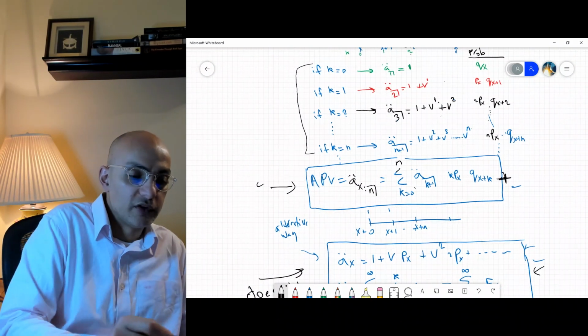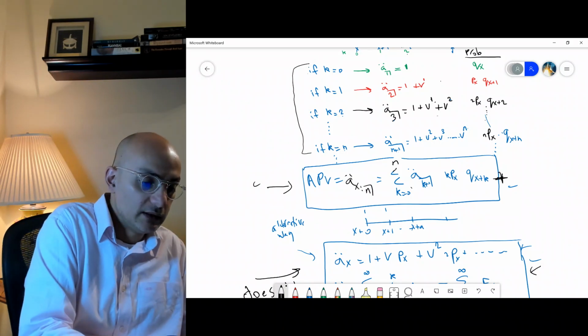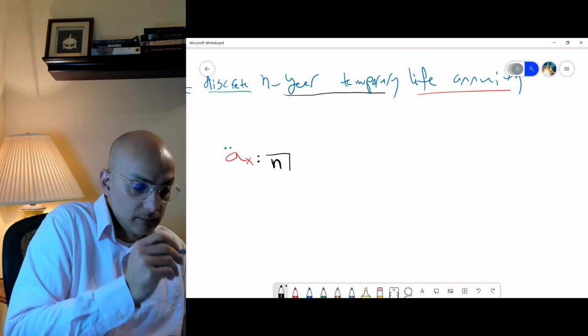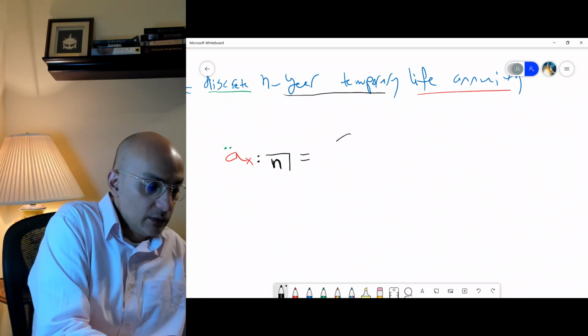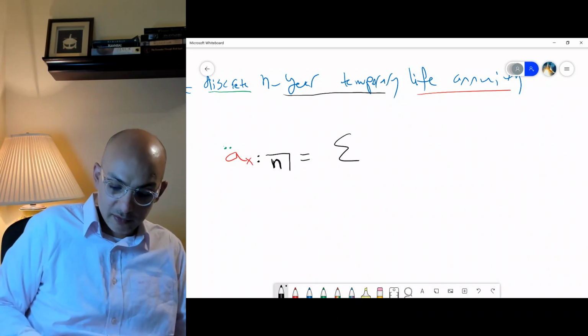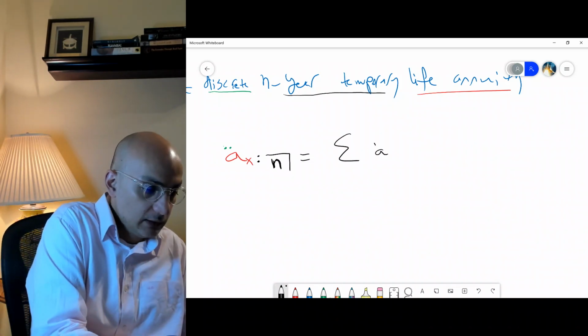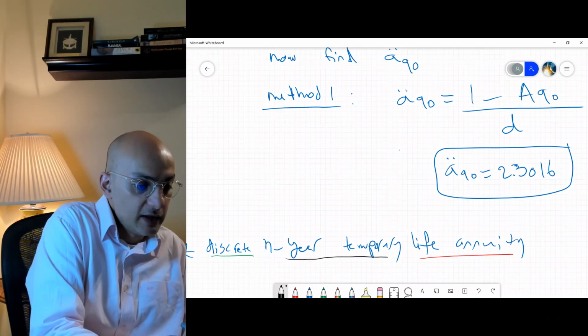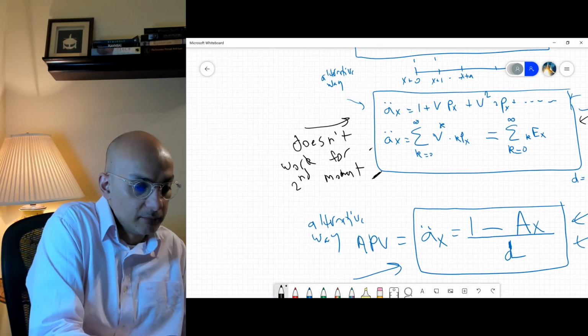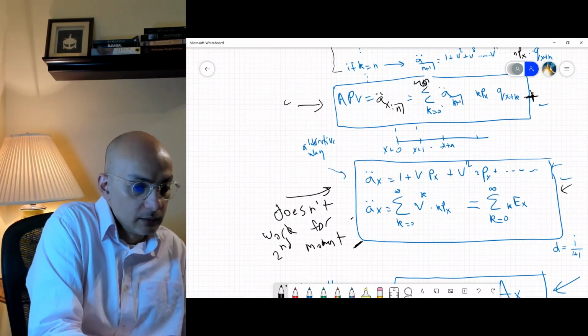Because what if you survive to n? You know what? Let me do it here separately. This one now, similar exactly to that one, you have a k plus 1, right? It will follow exactly what we did here, but there is an additional term.